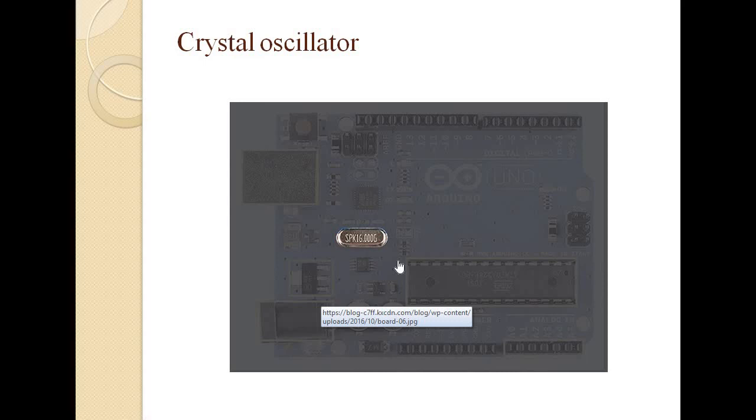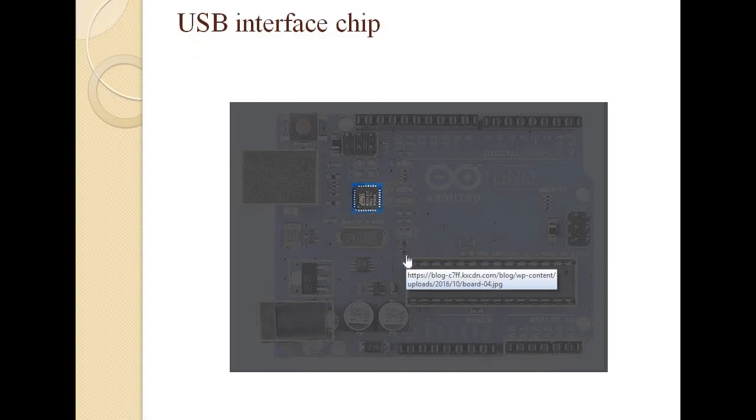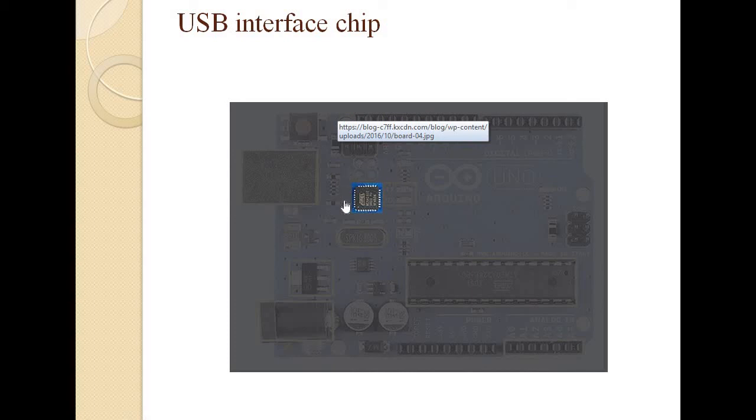On each tick, the microcontroller performs one operation, for example, addition, subtraction, etc. The next one, this is the USB interface chip. It converts signals at the USB level to a level that the Arduino Uno board understands.